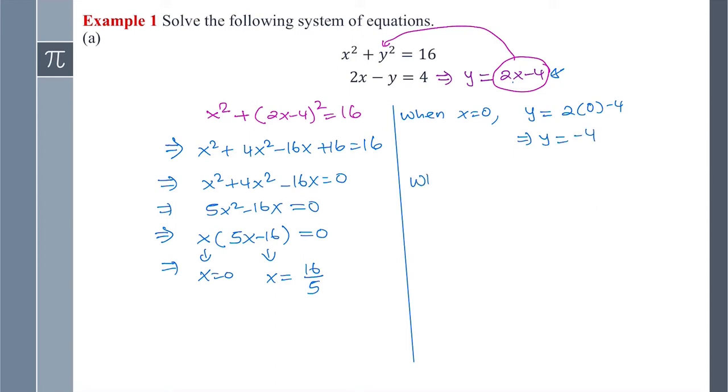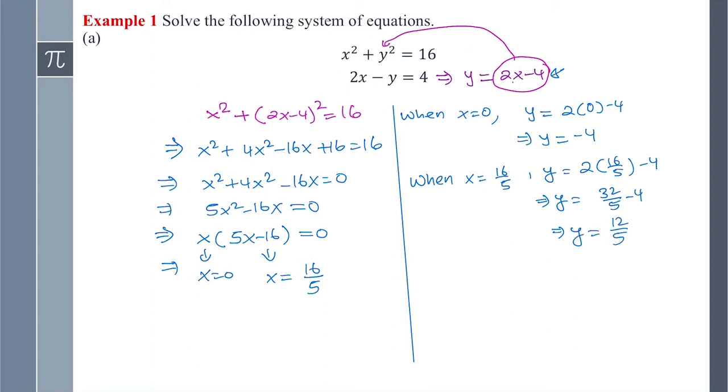Again, when x equals 16 over 5, y equals 2 times 16 over 5 minus 4. If we simplify that, we get y equals 32 over 5 minus 4, which gives us y equals 12 over 5.